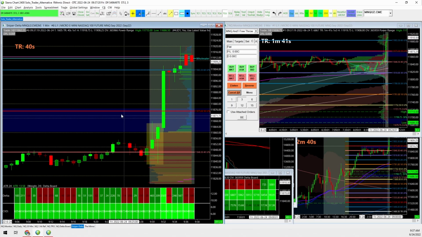The way that I have my delta set up, the study uses the delta to color these bars. So right there we see we had more than 100 negative delta, so to speak, in that bullish, green candle.